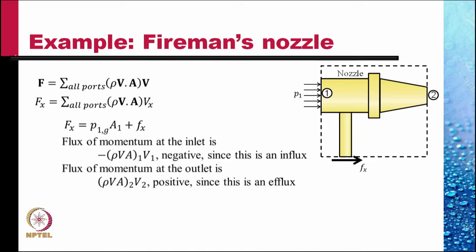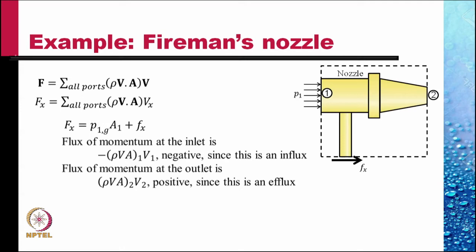The total external force is P1 gauge times A1, and Fx, both positive. The flux of momentum at the inlet is minus rho VA at 1 times velocity at 1. This is negative because mass flux is negative and velocity is positive, so the product is negative.